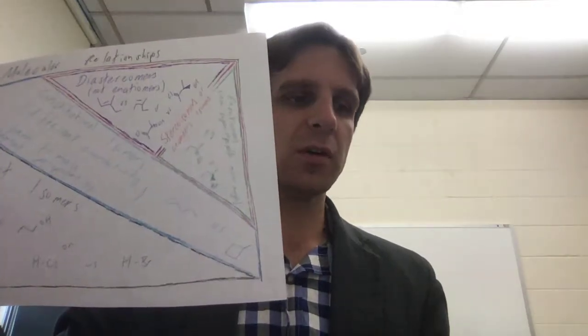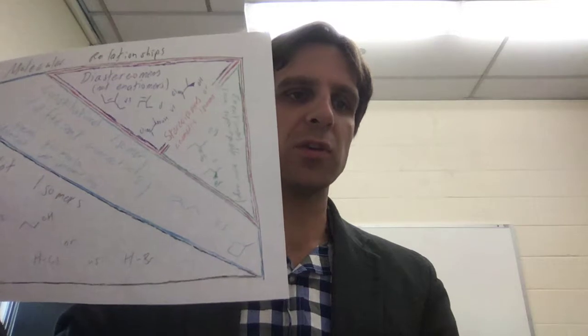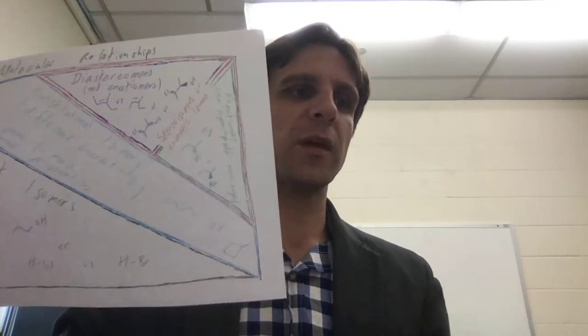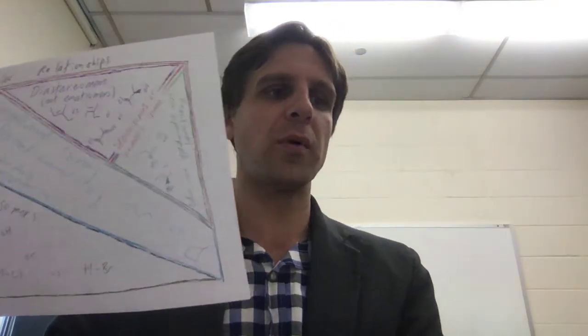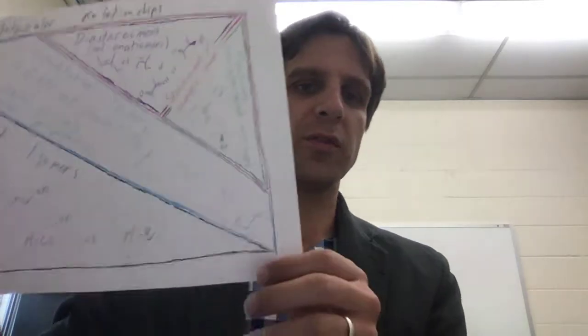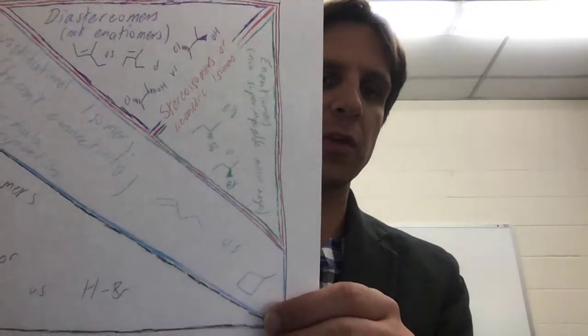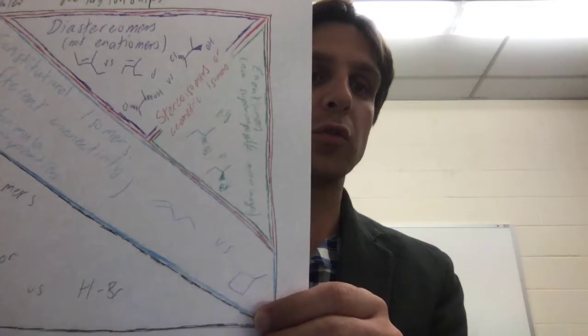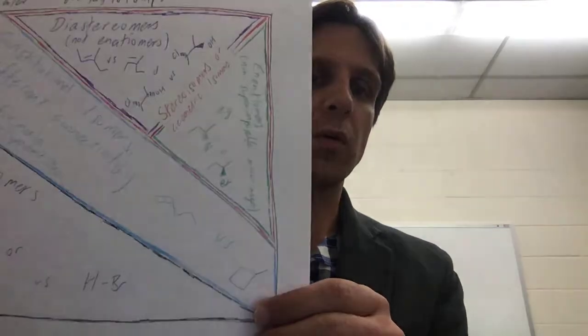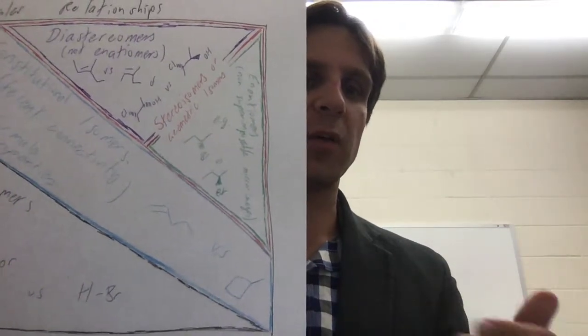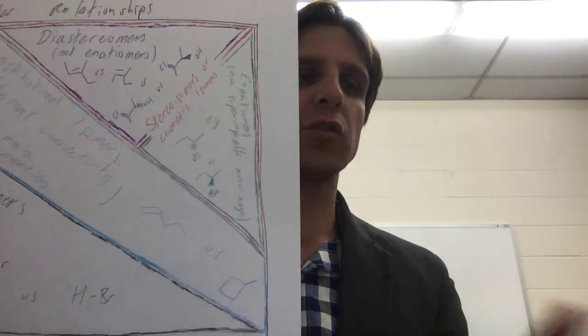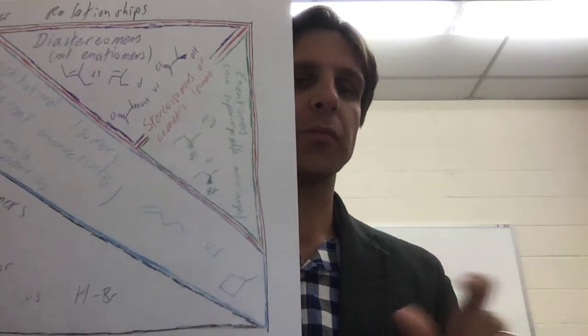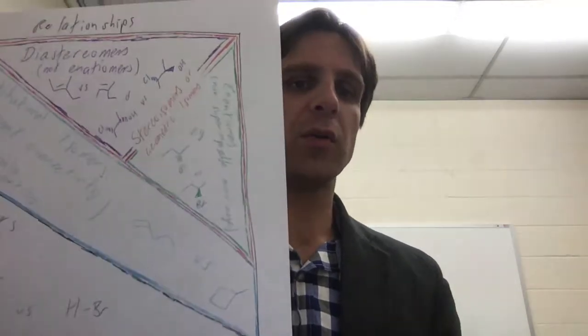Two enantiomers are compounds that are mirror images of each other, but are not the same compound, or non-superimposable mirror image compounds. So for instance, here we have two different forms of 2-bromobutane. One of them is the mirror image of the other, and they're non-superimposable. They're not the same molecule. Whenever we have that, we're talking about enantiomers.